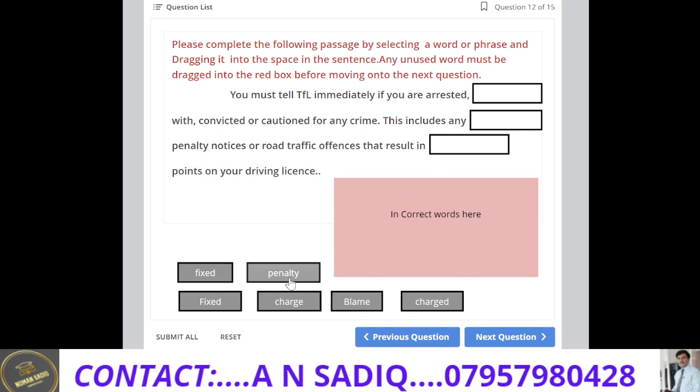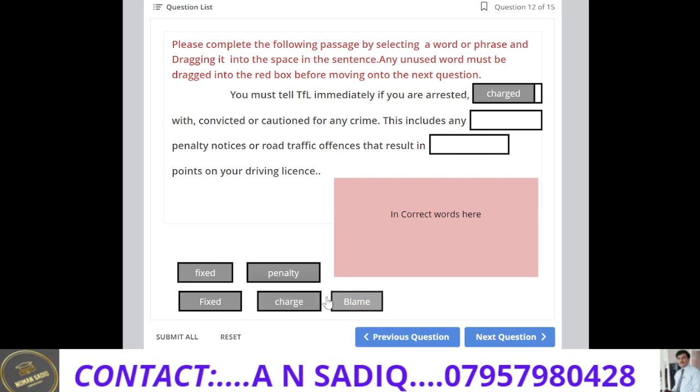So if you are arrested, or what should be here? Arrested, penalty, fixed, charge, blame, charged. So it should be charged. If you are arrested, it means you have been arrested or have been charged with, convicted or cautioned. So here: arrested, charged, convicted or cautioned. You must be very careful that here it is "charged".